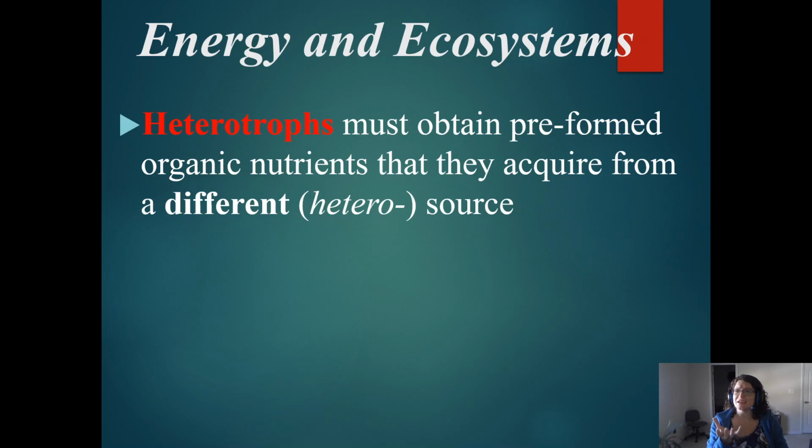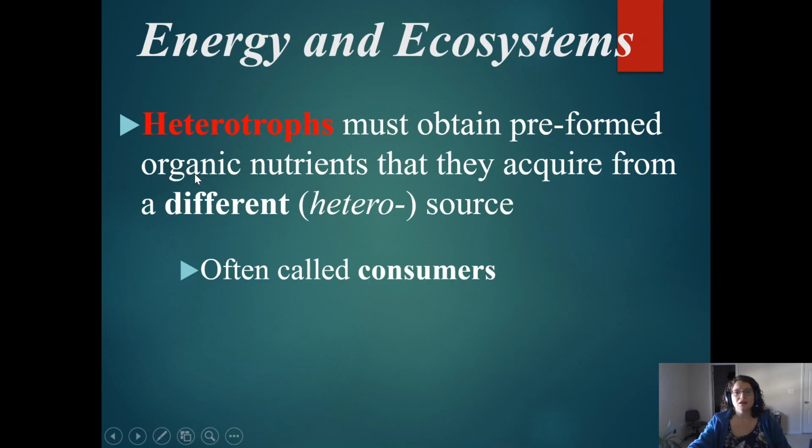And a bagel has wheat and seeds, and the cheese is from a cow. I didn't make any of those. I obtain it from other organisms, a different source than me. That is hetero, okay? Heterotroph. They're also called consumers. We're going to talk about the layers of consumers as we get through this lab.